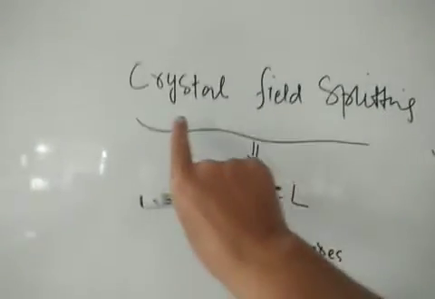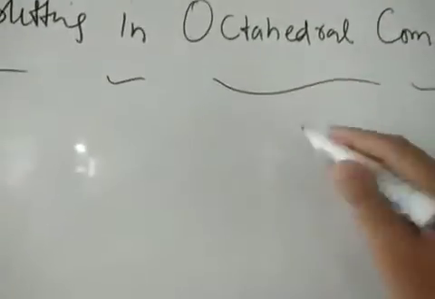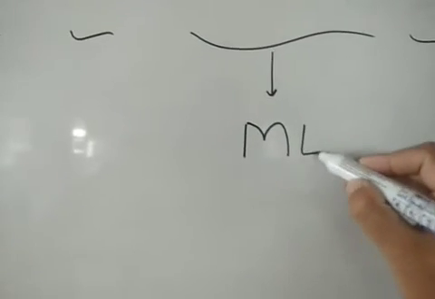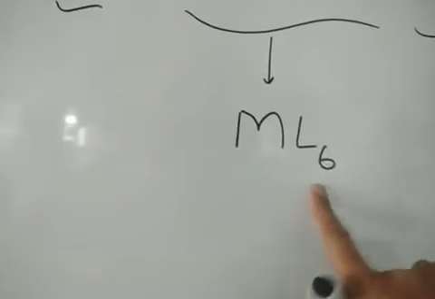Now we have a topic here, that's crystal field splitting in octahedral complexes. That means the complexes of this type, ML6: a central metal ion, and then 6 ligands.